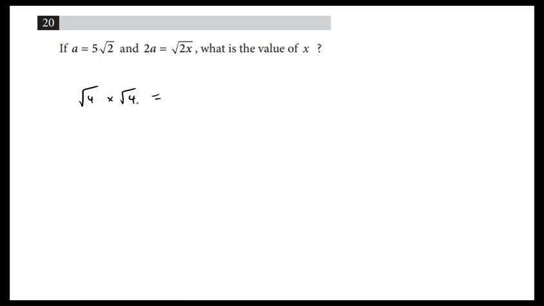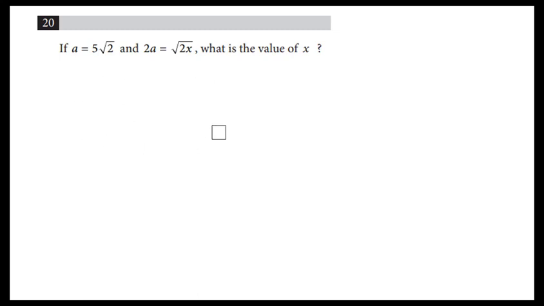The answer is 2, and this is also 2, so 2 times 2 is equal to 4. But it also works out that the square root of 16 is 4. So what we might see is that when you do root a times root b, then it's just root of a times b, or equivalent. So if we know that property, then we can do this problem.